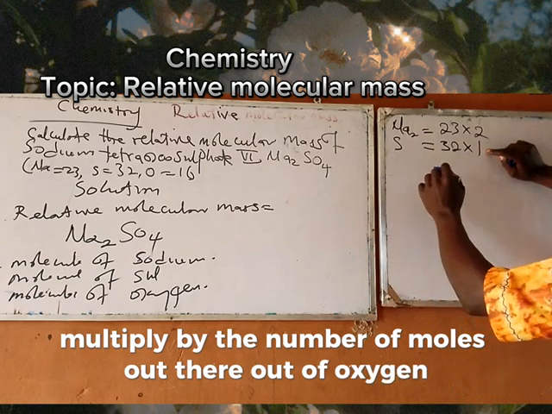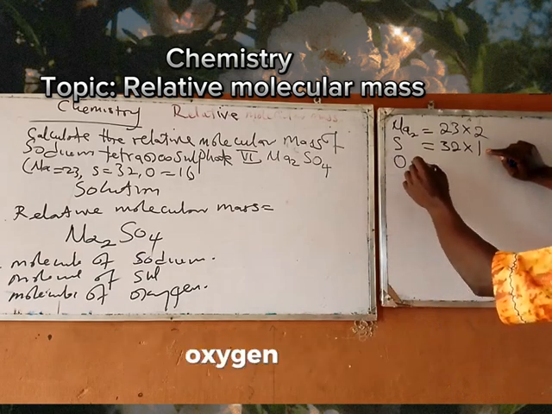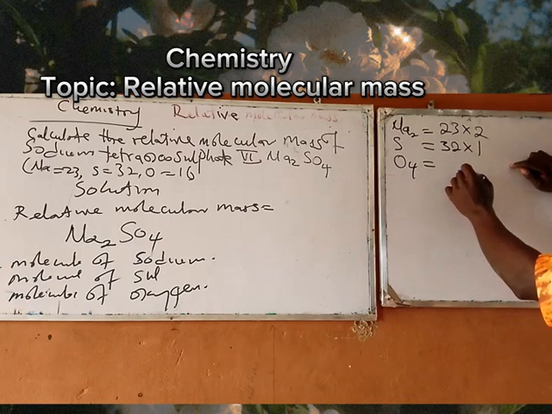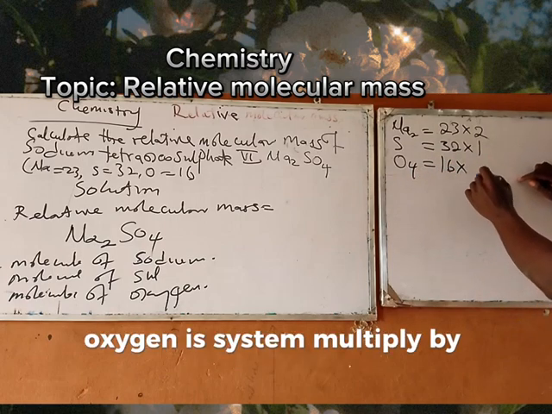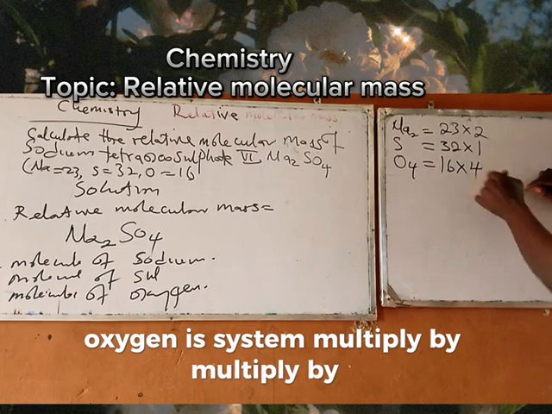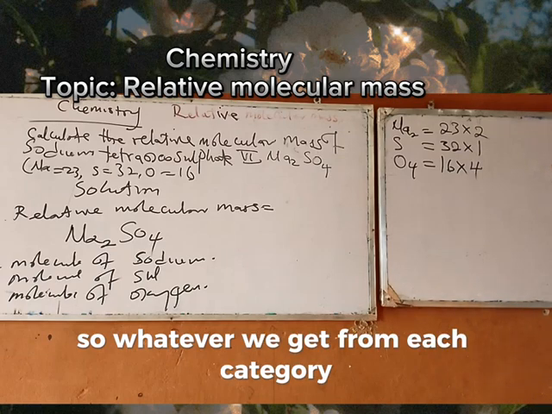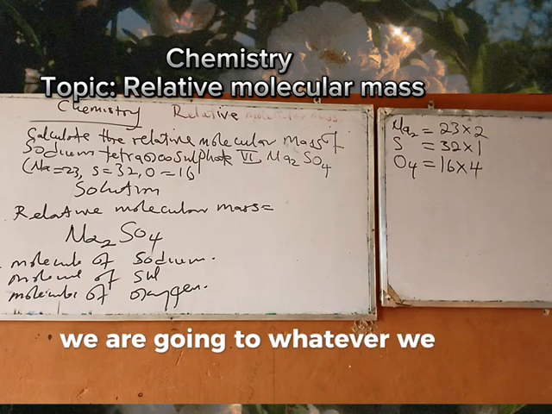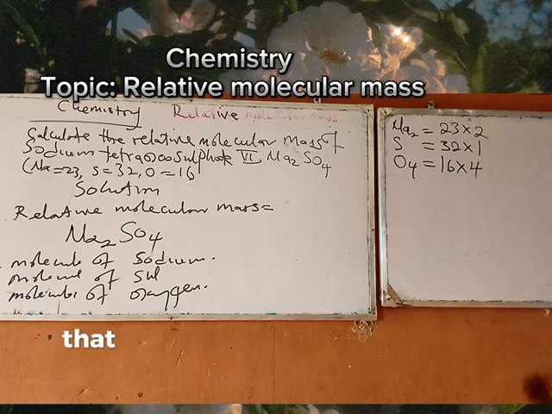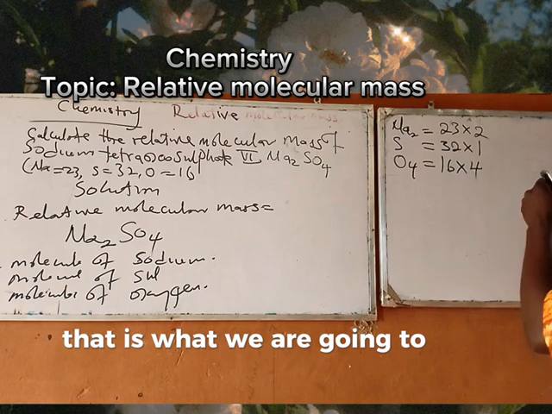And we have oxygen. Oxygen is 16 multiplied by 4. Whatever we get from each category is what we are going to add together.